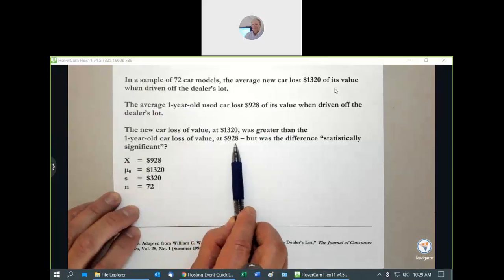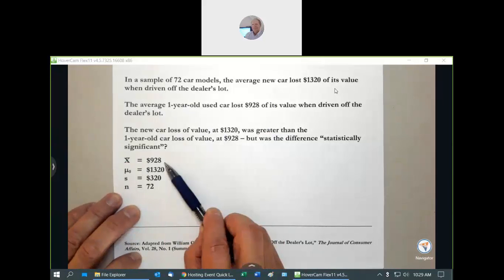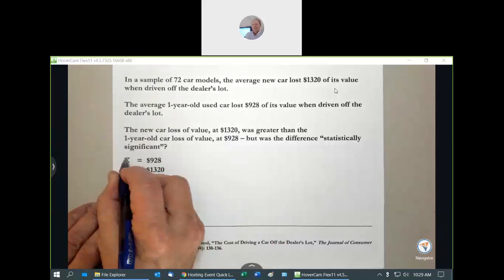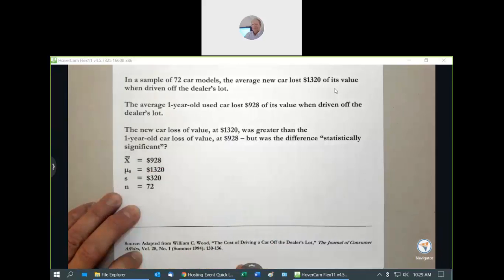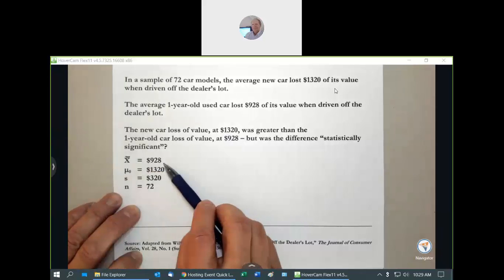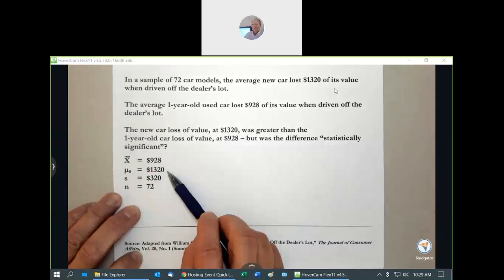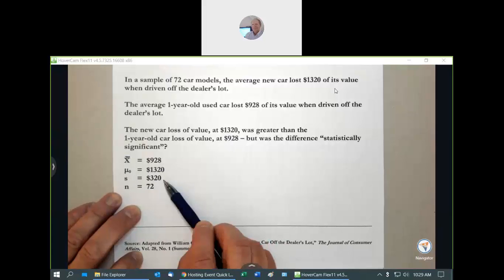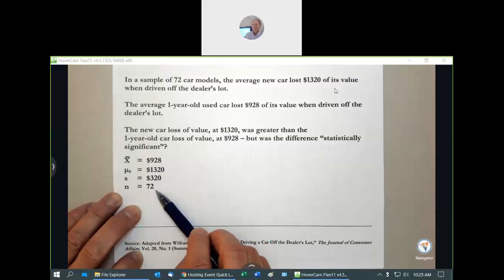But was the loss statistically significant? In this sample, X bar, that mean, was $928. Mu zero was $1,320. The S there was 320, and the number of used car models, new and used in the sample, was 72.